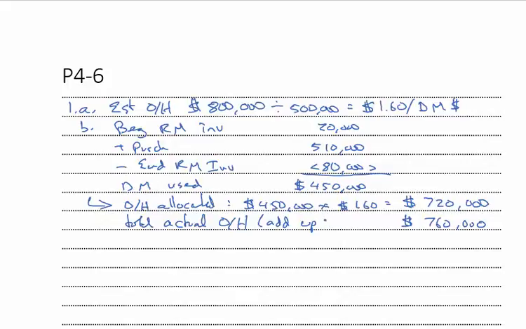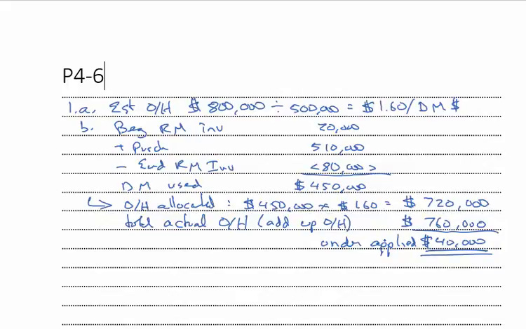So clearly there's a difference of 40,000. The question is, is it over or under applied? Well, actual 760, applied 720, didn't apply enough, therefore it is under applied $40,000.